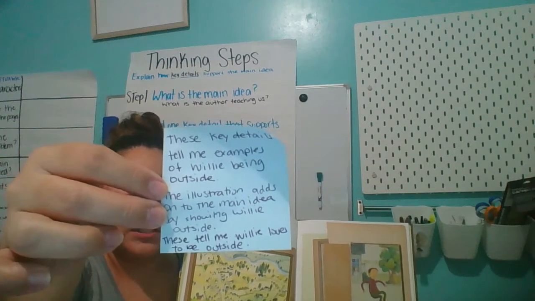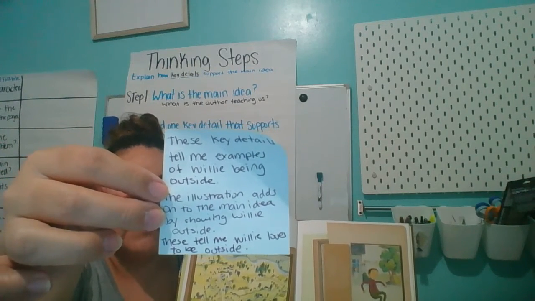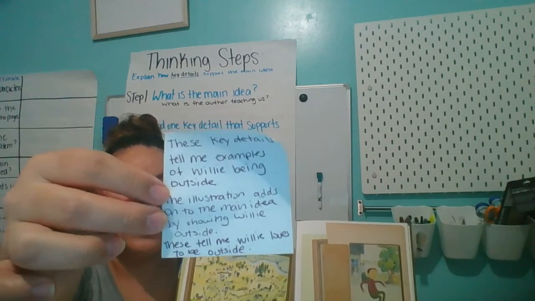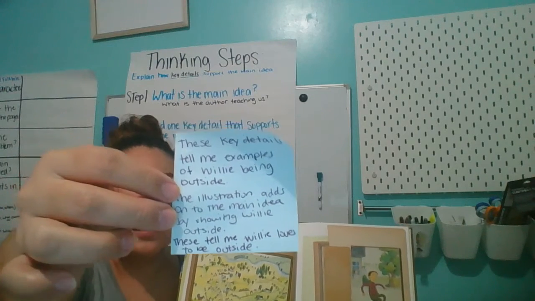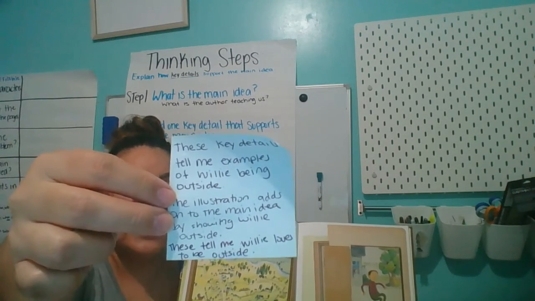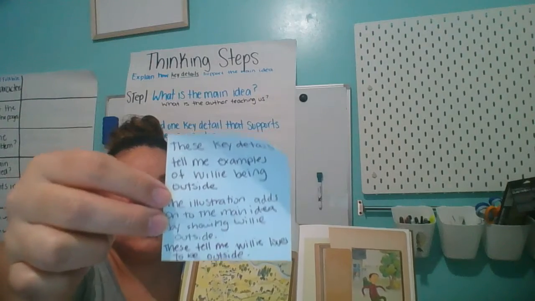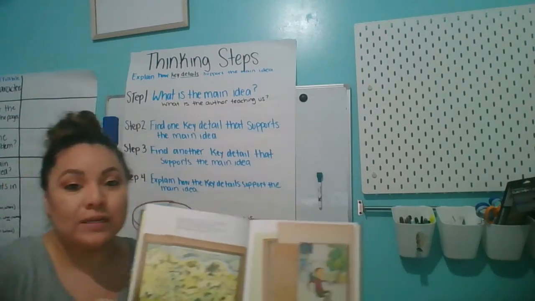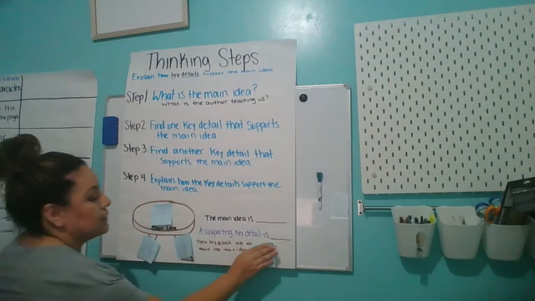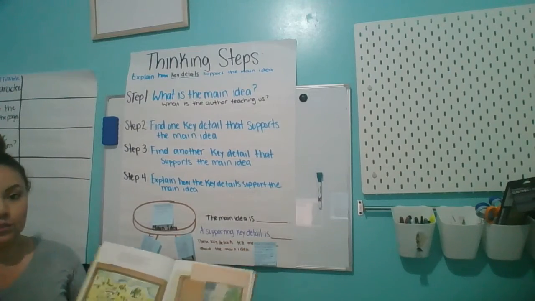And the illustration also adds on to my main idea by showing Willie outside. So all of this tells me that Willie loves to be outside, which is my main idea for these two pages.